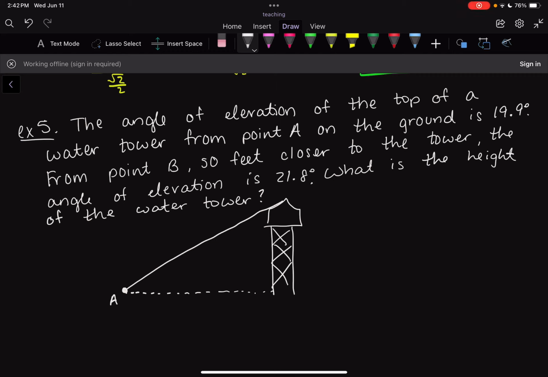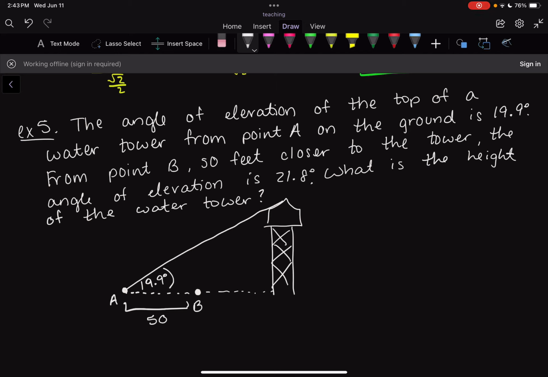So that is 19.9 degrees. Then it says that there's a point B 50 feet closer to the tower. So 50 feet closer, that would make this 50 feet.